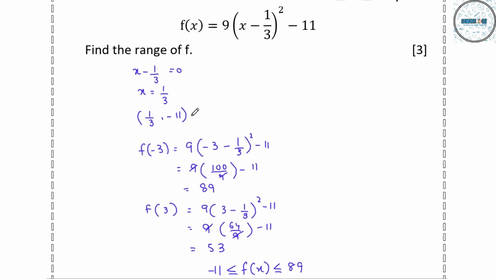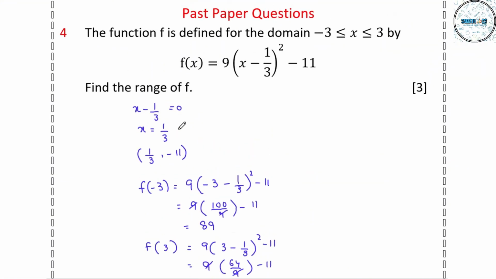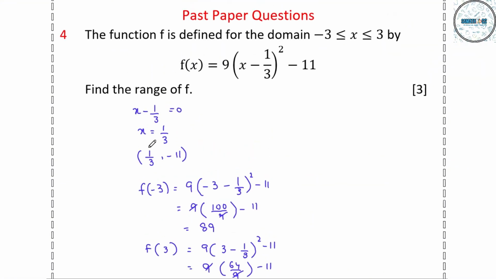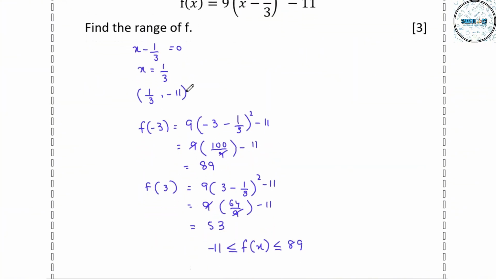Why have we considered this turning point? The value of x at the turning point is 1 upon 3, which is there in the domain. So that's why we have to consider this minus 11 within the range, and minus 11 is the smallest of all three values. So that's why we have written here minus 11.